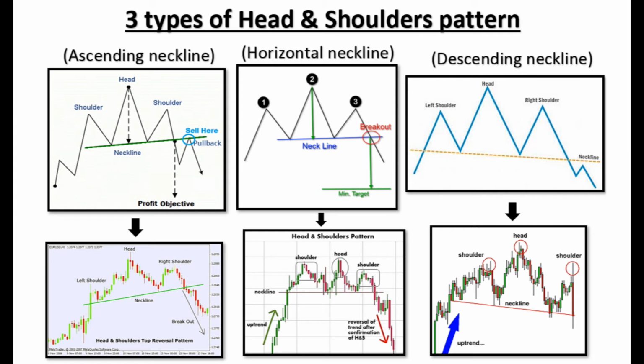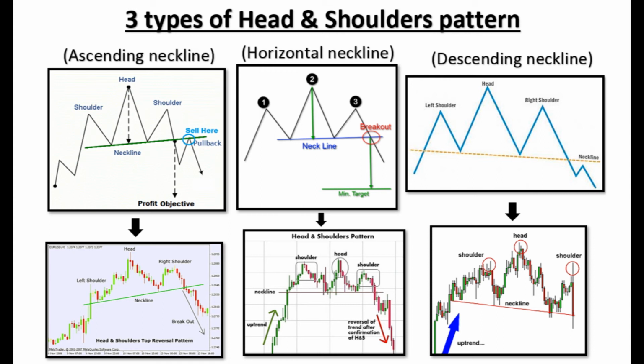But what I wanted to talk about is all those financial gurus and masters, they always mention the price action, right? The price action is higher high, higher low, and then there's lower low, lower high, right? So in these three types of pattern, my most favorite or most reliable in my opinion is the one on the right side, the descending neckline.